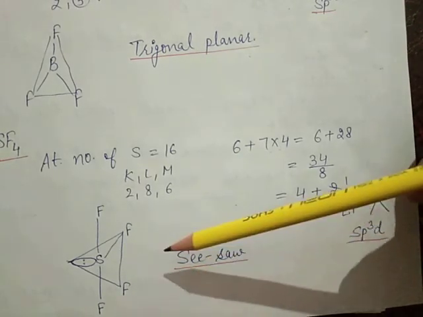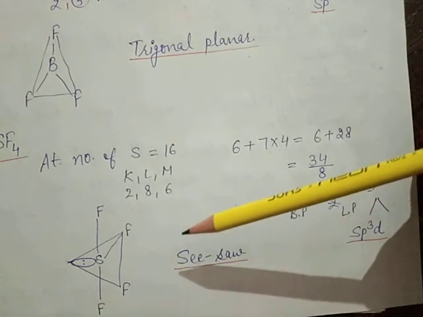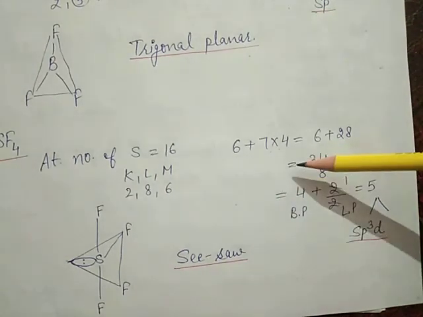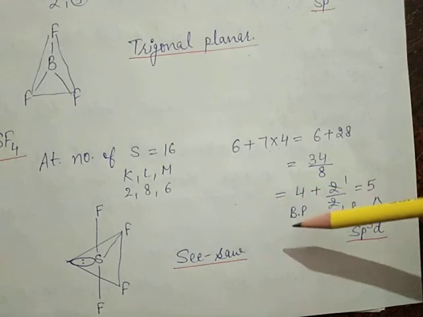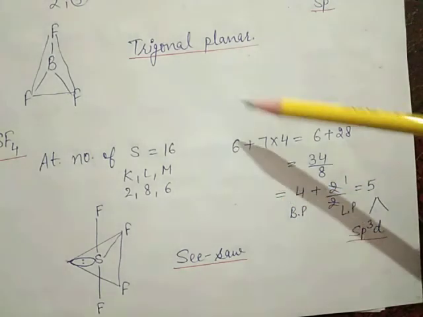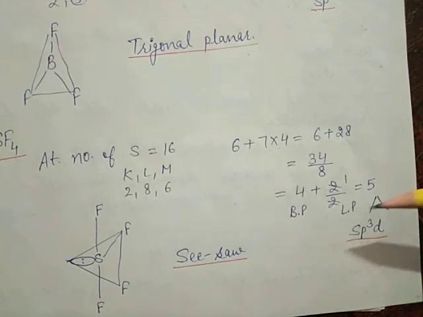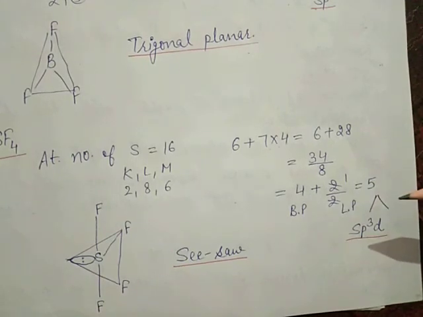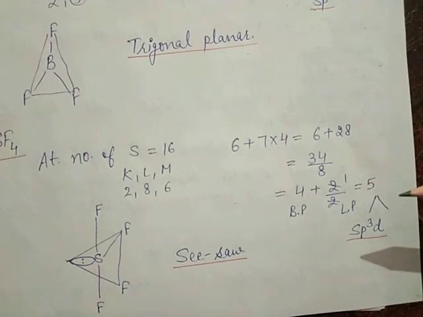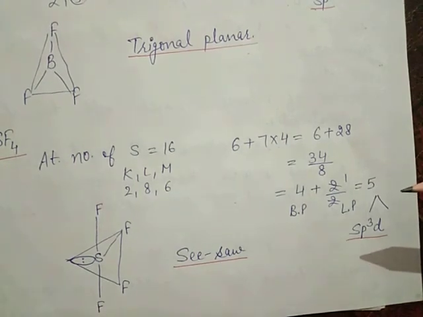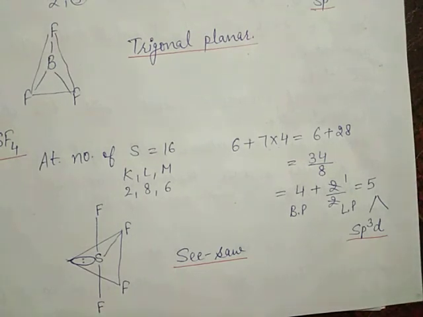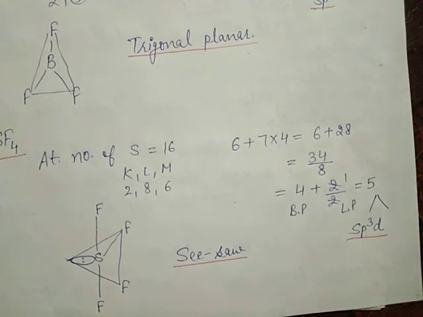So by the help of the table, we can easily find out the shape and geometry, and by the help of tricks, we can easily find out the bond pair, lone pair and hybridization. So do practice of these questions and draw the shape and geometry of the molecule. Thank you, students.